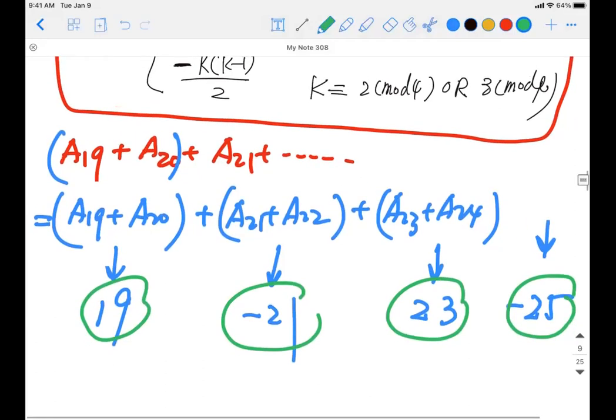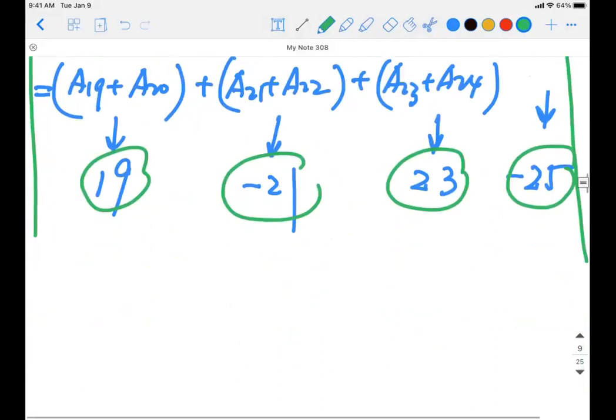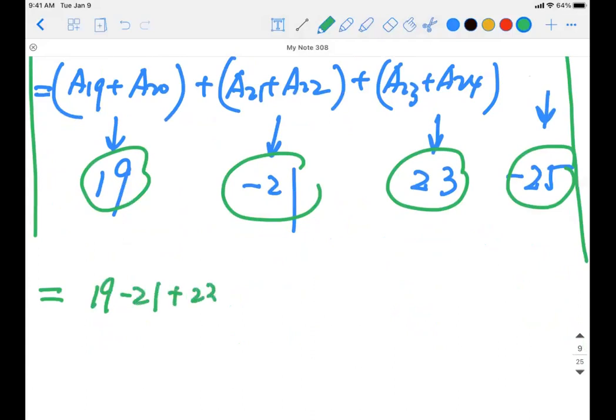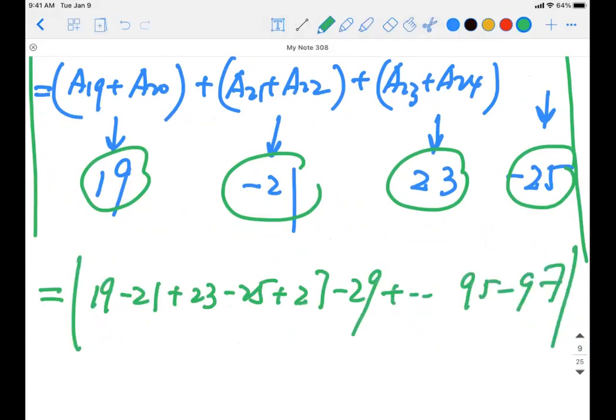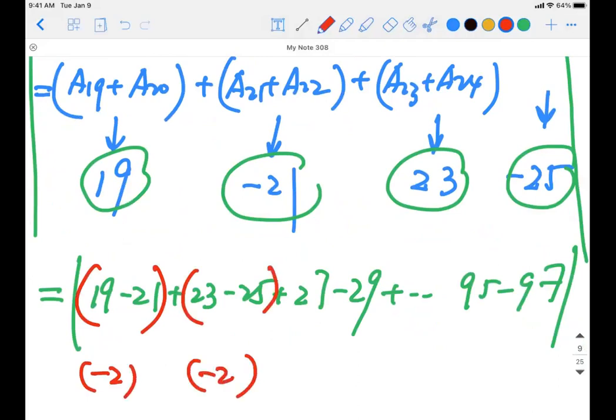So if the question asks you, what is the absolute value of everything? It's going to be 19 minus 21, 23 minus 25, 27 minus 29, all the way to 95 minus 97. What are you going to do? Again, you're going to do it the second time. This together, minus 2. This together, minus 2.